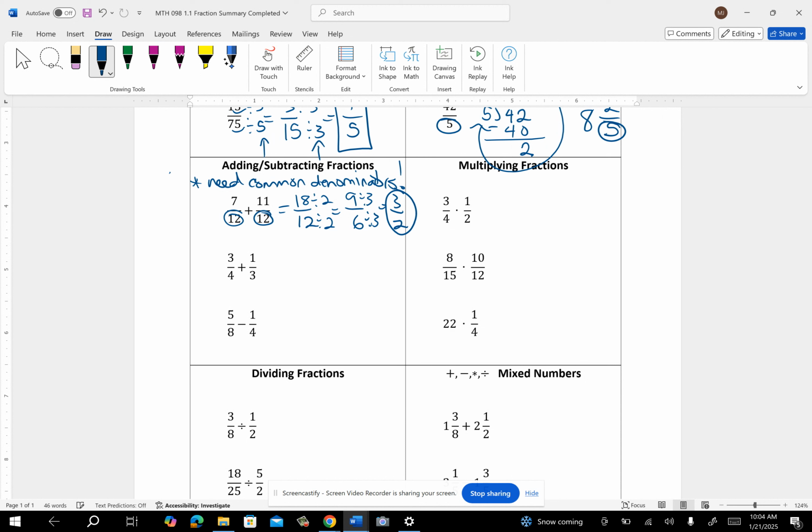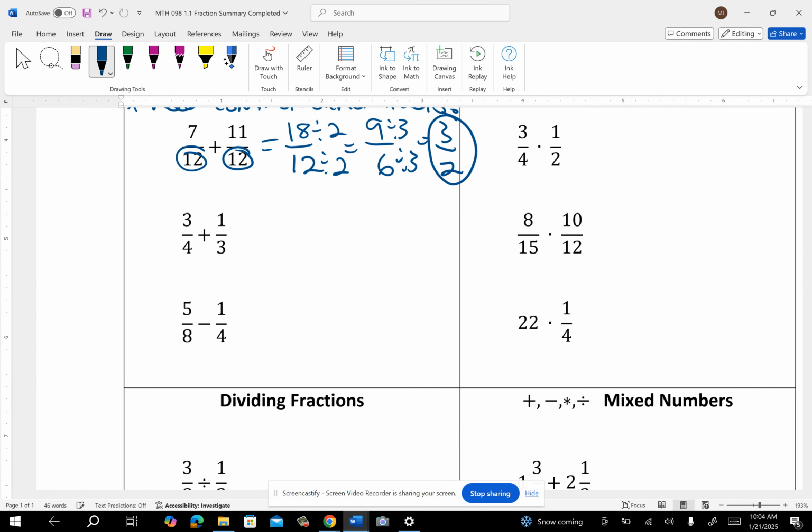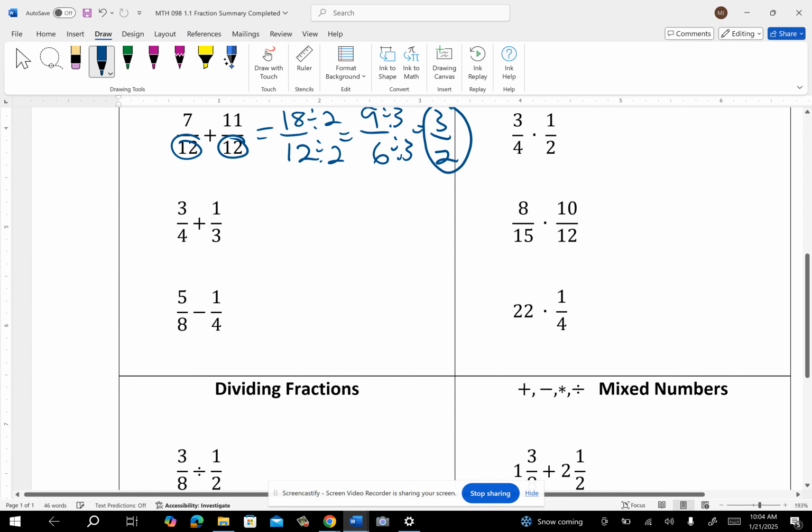All right, now the next 2 problems, they do not have common denominators. So we're trying to add 3/4 to 1/3, and those aren't the same size pieces. So we can't just add them and say that's 4 something. It's not 4/7 or anything like that. So what we have to do is get those fractions rewritten so they have a common denominator.